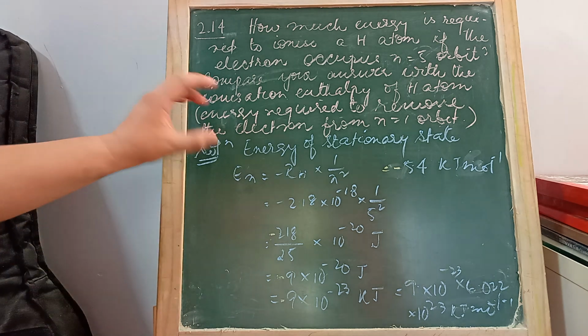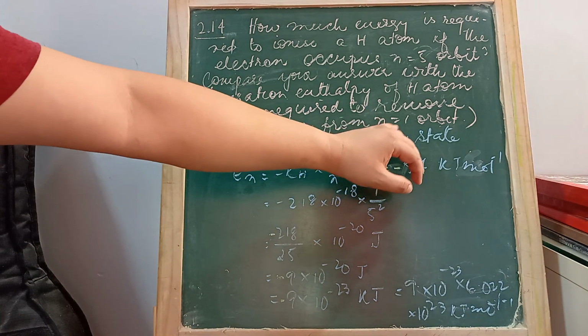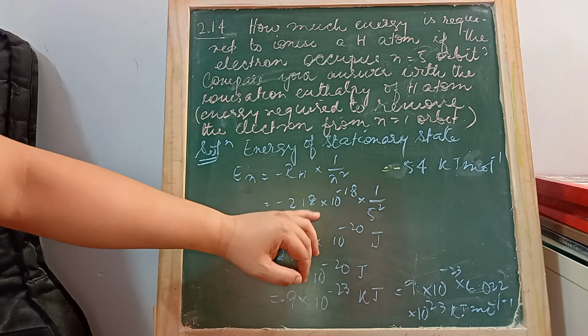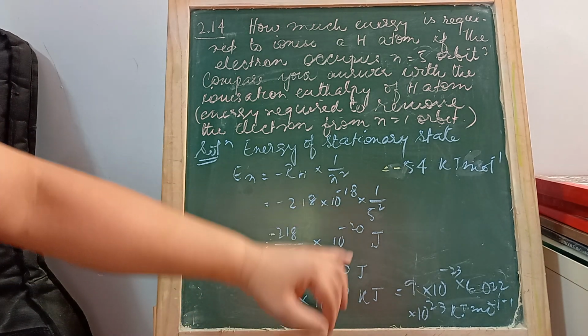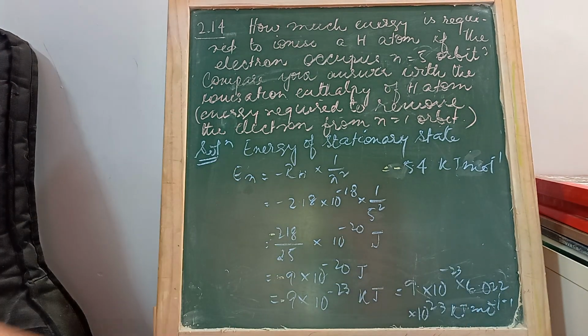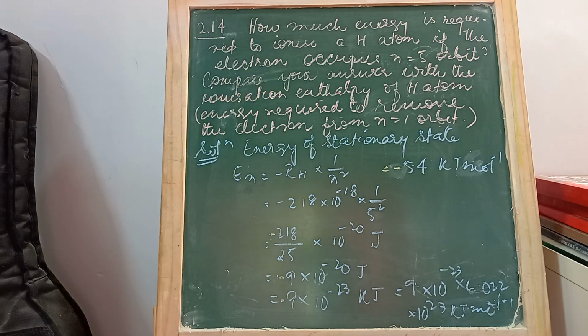I'm not placing any emphasis on the second part. But for the second part, if n equals 1, you replace the value by 1, then this will be the ionization enthalpy, right? Only this value. It will be in joules, then convert into kilojoules and multiply by Avogadro number. It will be kilojoules per mole, because the ionization enthalpy I find in the back of the textbook is given in kilojoules per mole. So you can compare it.